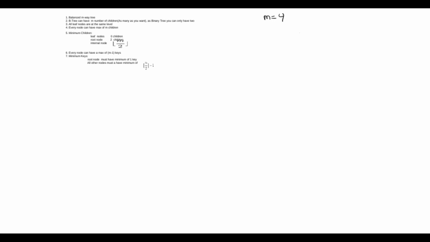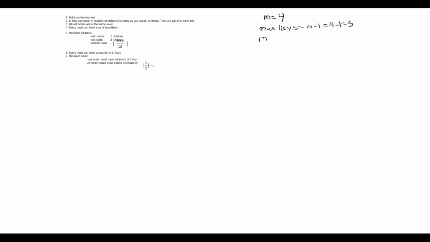So let's draw this one out here. Max keys is M take away 1. So if it's 4 take away 1, that would be 3. 3 is the maximum number of keys you could have.